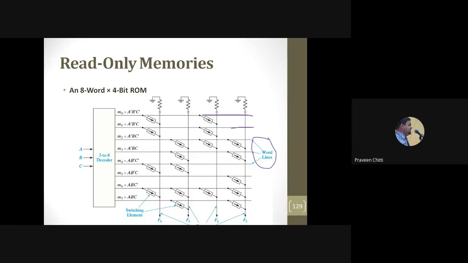Now, at the intersection between row and column, you have to put switching elements, like fuses, wherever you need a connection.